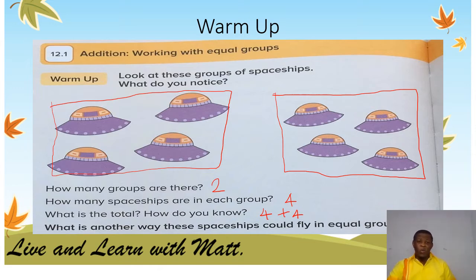Now, what is another way these spaceships could fly in equal groups? We can write 4 groups of 2, which will still give us the same amount, equals 8.